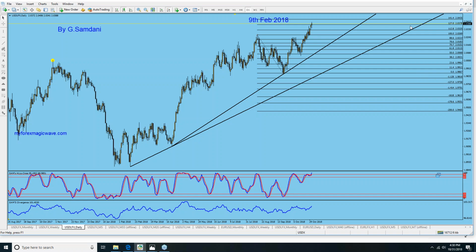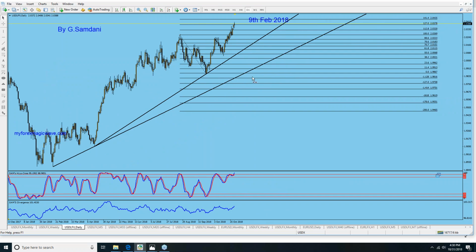So we are exactly at that 127 level. This is a very good opportunity or chance or reversal point. PRZ, you can say whatever, a lot of people have given different names, but mine is just extension 127. We're there, and there is a very good chance that we can make a turn from here.